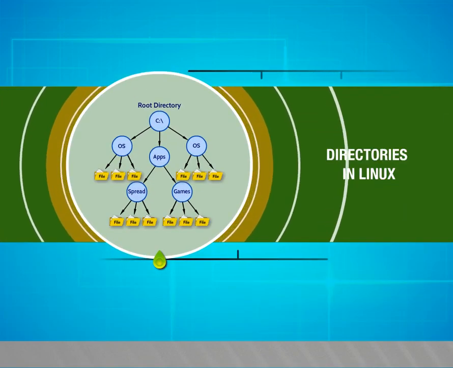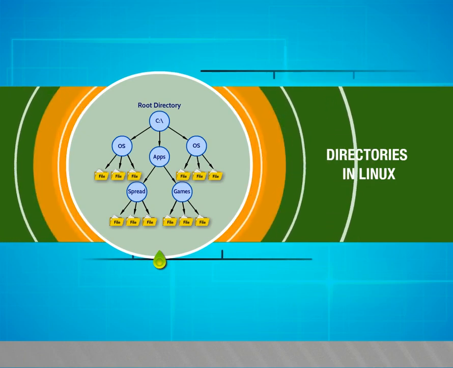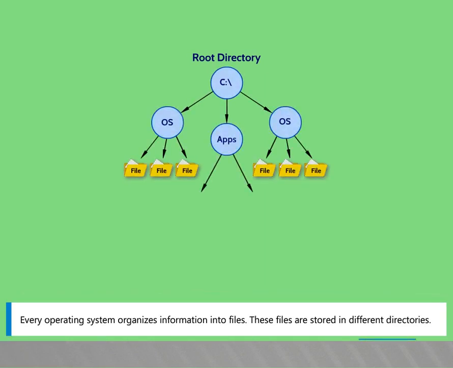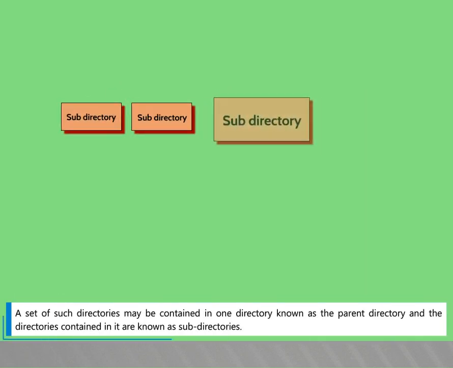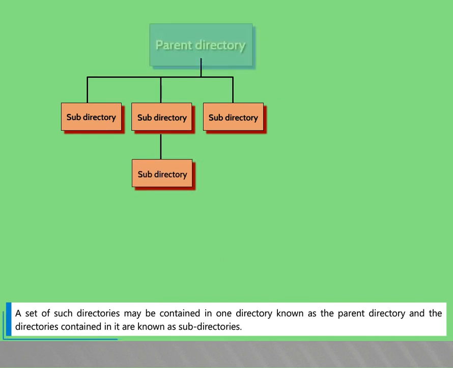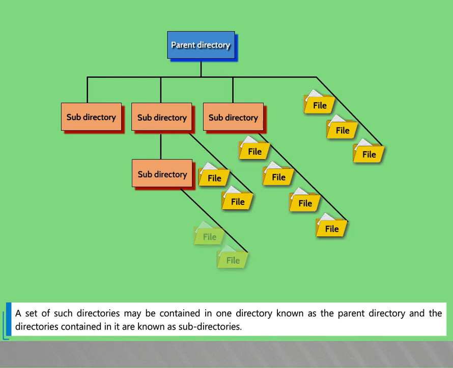Directories in Linux. In this video, we are going to see about directories in Linux. Every operating system organizes information into files. These files are stored in different directories. A set of such directories may be contained in one directory known as the parent directory, and the directories contained in it are known as subdirectories.